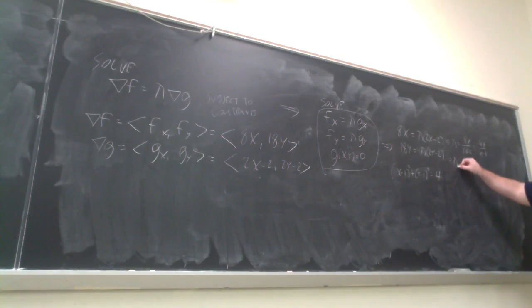What's another expression for lambda? Yeah, and then you can divide top and bottom by 2 there, so you get 9y over y minus 1. And since you have both these expressions equal to lambda, you could set them equal to each other.